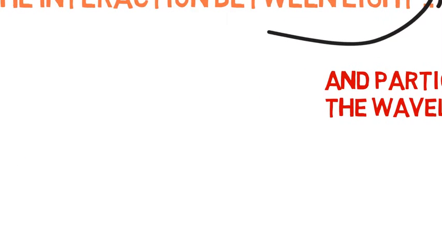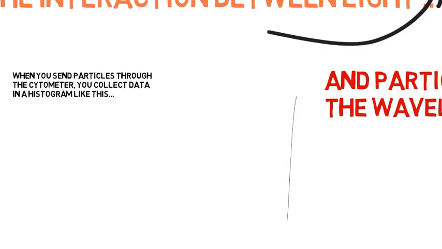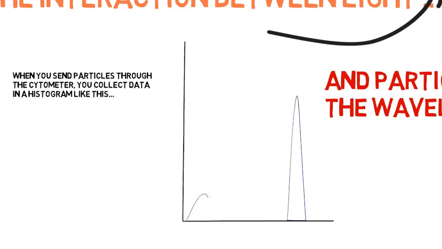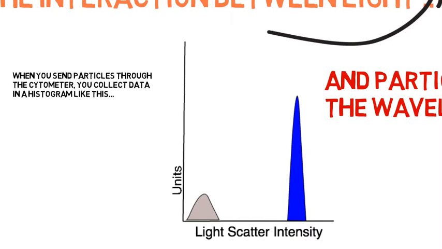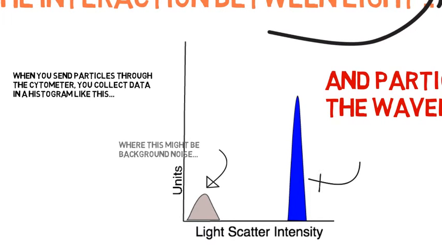In fact, when you send a particle through a flow cytometer, you collect a histogram that reflects the strength of the forward scatter signal. Noise might look like this, and a strong signal like this.